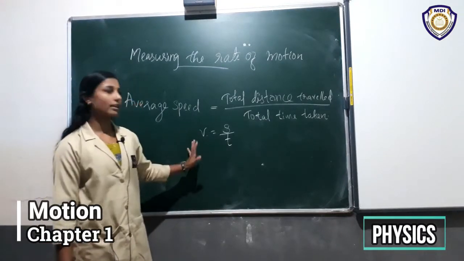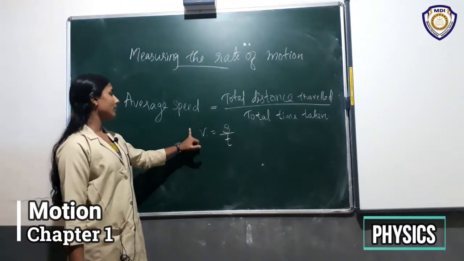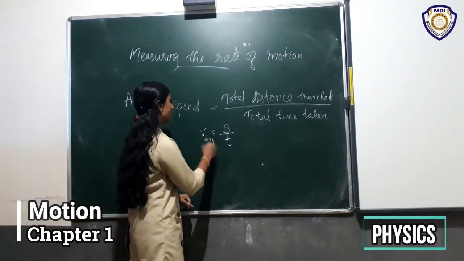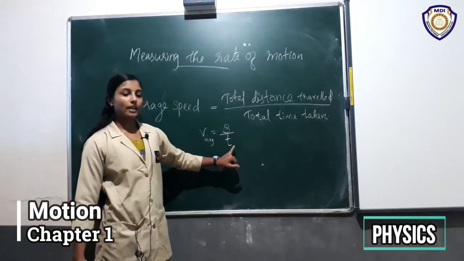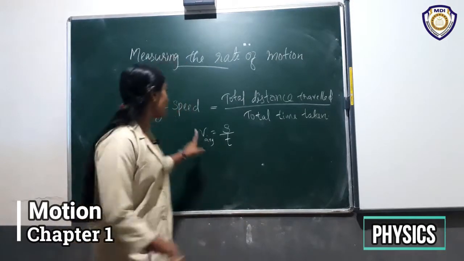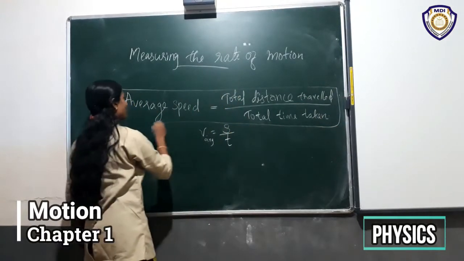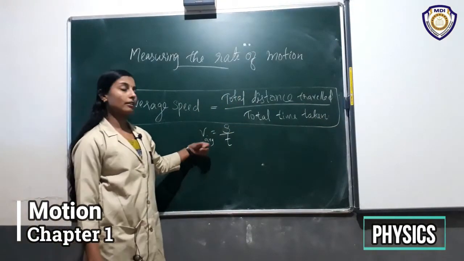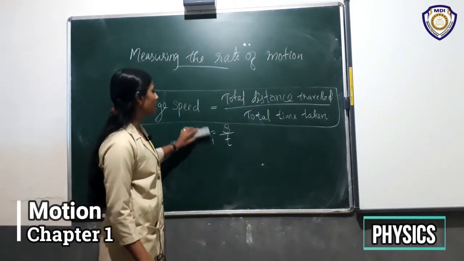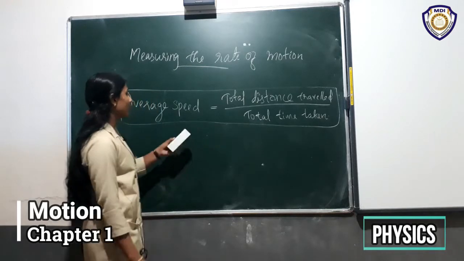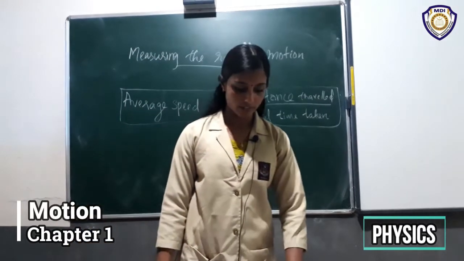So you should remember this average speed is equal to the total distance travelled divided by the total time taken, right? These abbreviations can be changed, but you should keep this formula in mind.